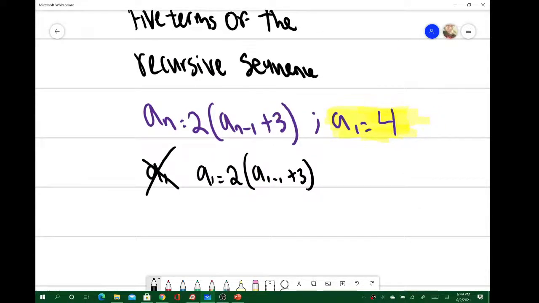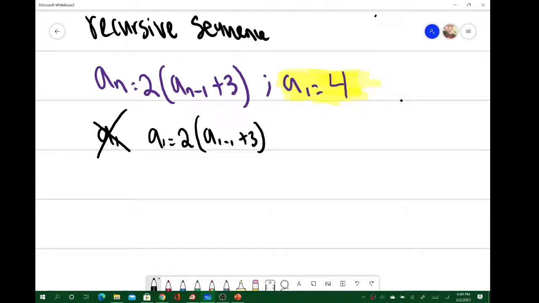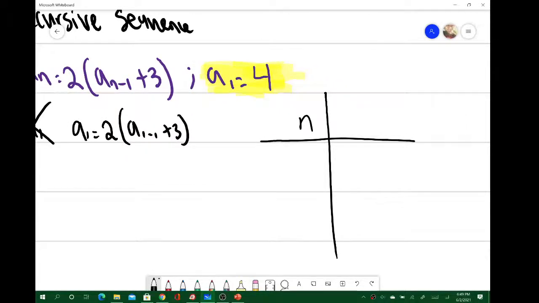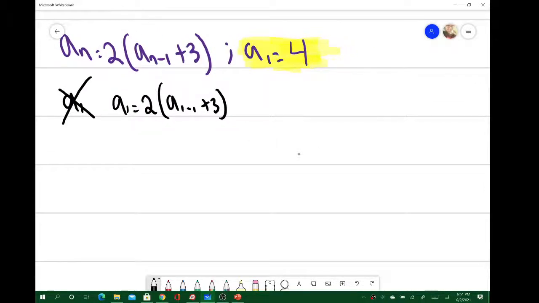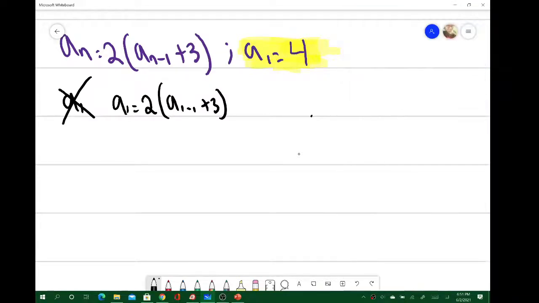I was going to do it using the table. There is a table feature here, but for some reason it's not working.